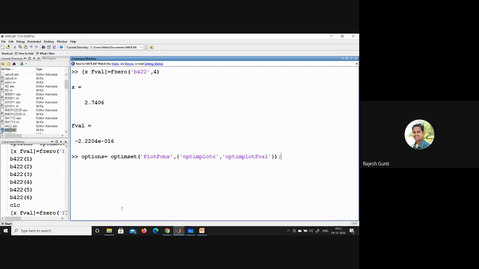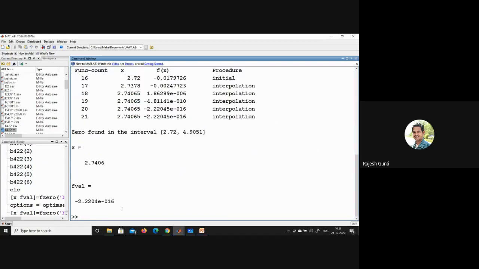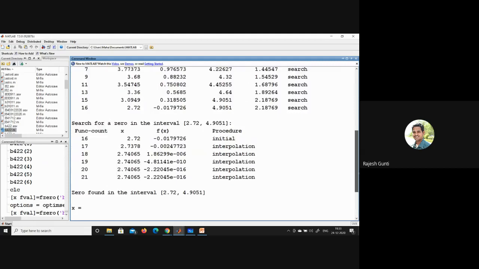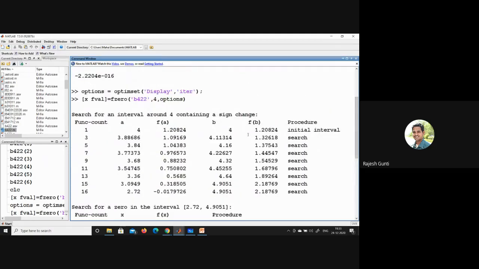Suppose you take these options. At 4 it is positive, and it is increasing, so the root is like 2.72.